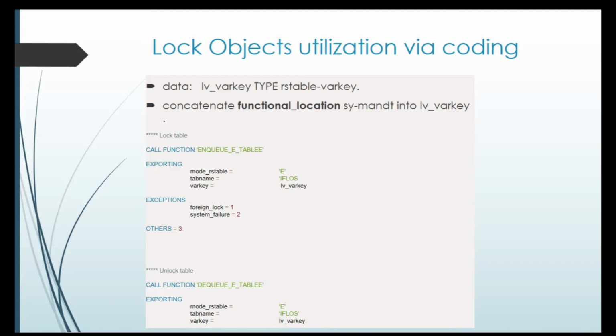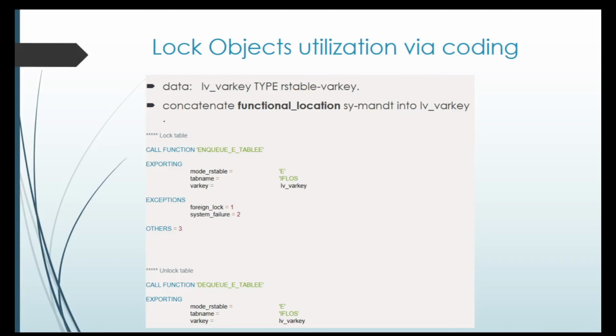As we know, our variable key has two fields, the client and the function location number. So here I have concatenated function location and sy-mandt into lv_varkey.